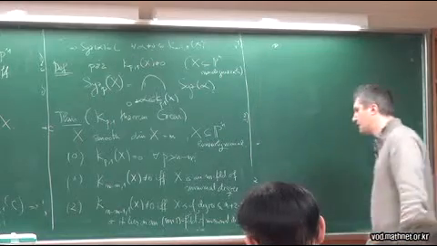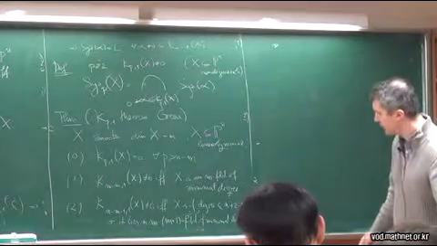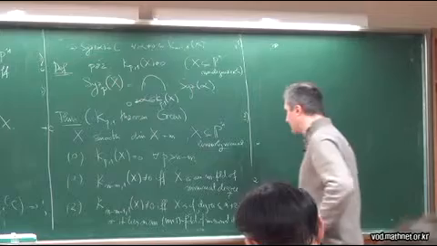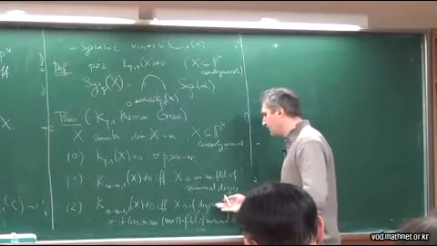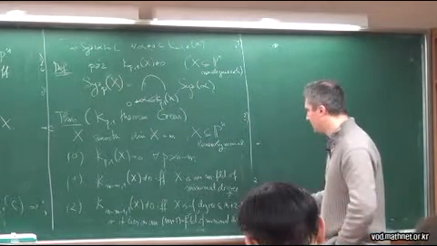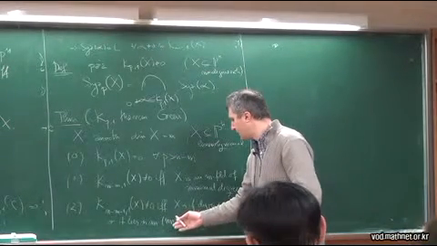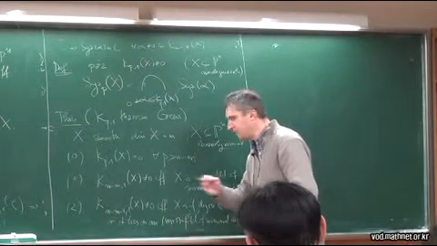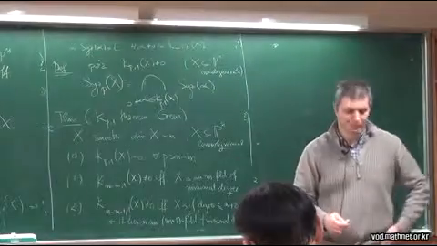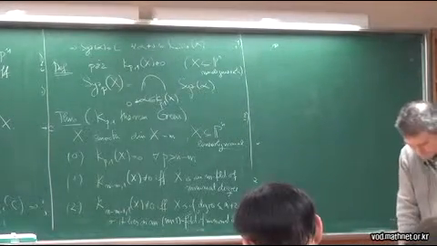So for a curve, again, K_{n-2} is different from 0 if and only if it's either degree n or n plus 1, and/or it lies on a surface of minimal degree in P^n.